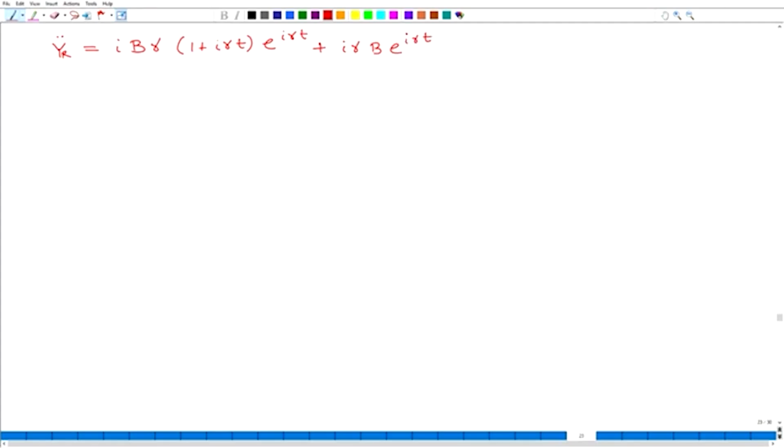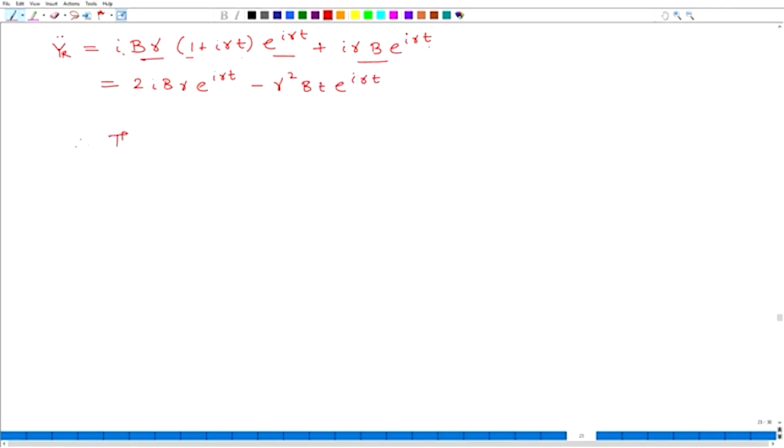This term will actually sum up with this term to finally give 2I b gamma e to the I gamma t minus, and this term now will be with a minus sign because I squared gives minus 1, gamma square b t e to the I gamma t.